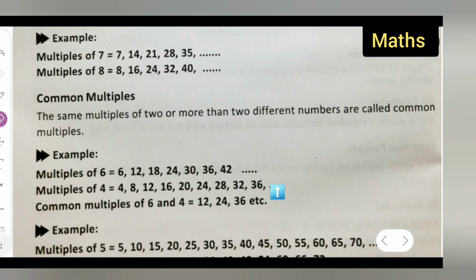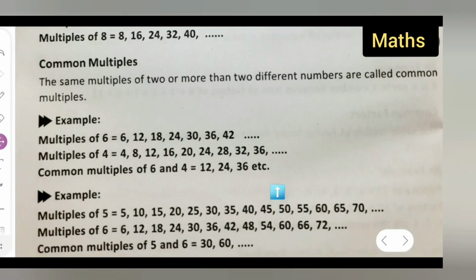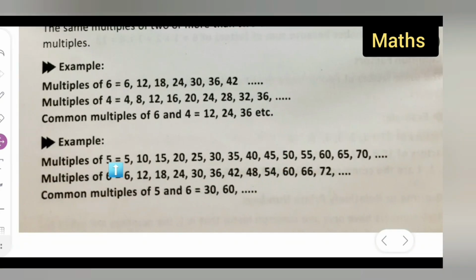Okay, moving towards the next example. Multiples of 5: 5 ones are 5, 5 twos are 10, 15, 20, 25 and so on up to 70. Multiples of 6: 6 ones are 6, 6 twos are 12, 6 threes are 18, 6 fours are 24, 6 fives are 30 and so on. Right?